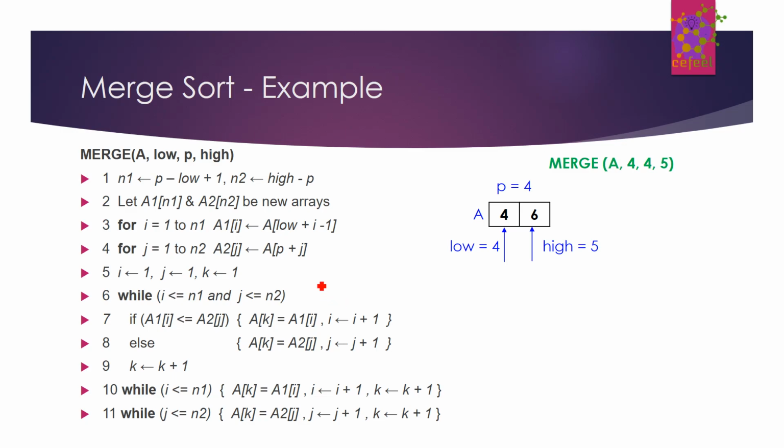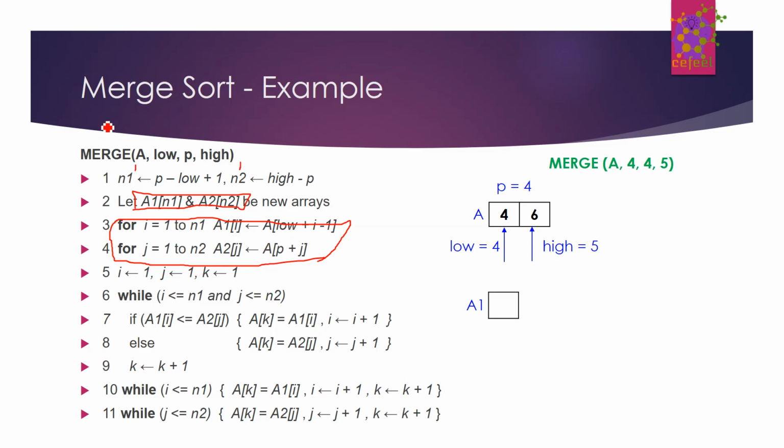So let's see. The first step, as we discussed, is to have A1 and A2, which means two temporary arrays, and copy the elements from the first part of A into A1 and the second part into A2. So this is the first step. In this case, the sizes of both the partitions are 1, which means N1 is 1 and N2 is 1.